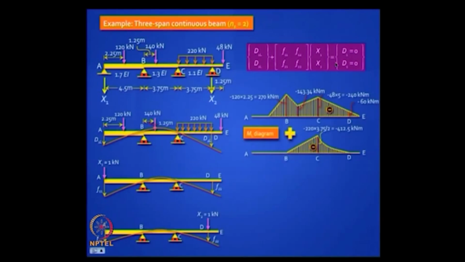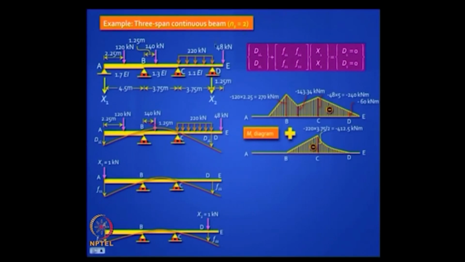Now the problem with this beam is you have a bending moment diagram which is made up of not only straight lines which are easy to handle, but you also have a parabola coming into play. So it may be convenient to split it into 2 for the purpose of calculation. Okay, so here I have done that.